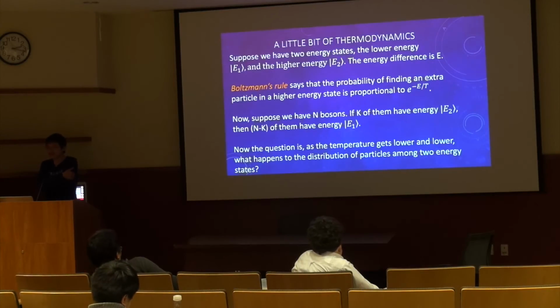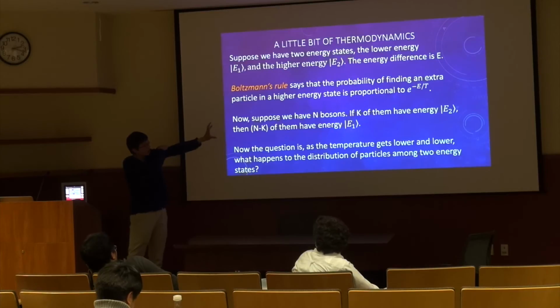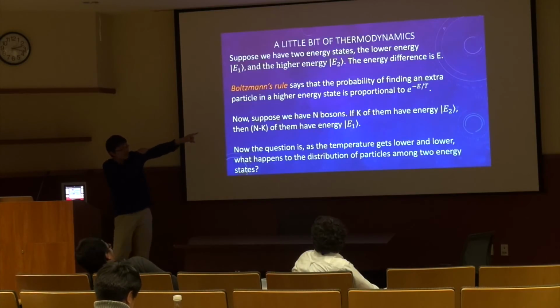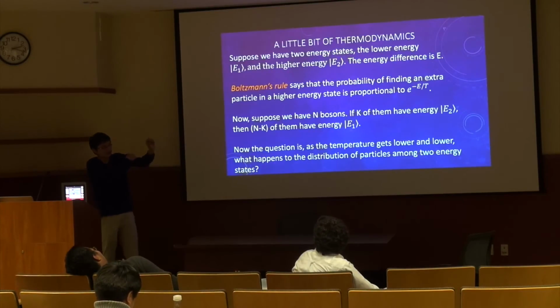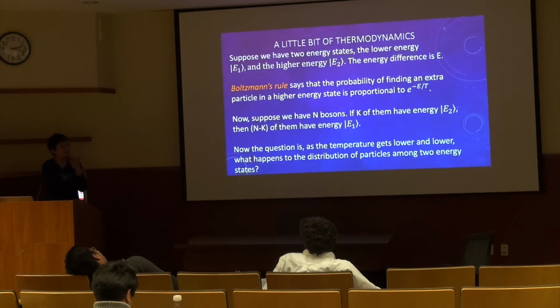Do you guys see Eric's argument? What he's saying is that if we cool the bosons to very low temperature, so T becomes very near 0, say 20 nanokelvin, that's very, very low, then e to the minus E divided by T would be an infinitesimal number, right?